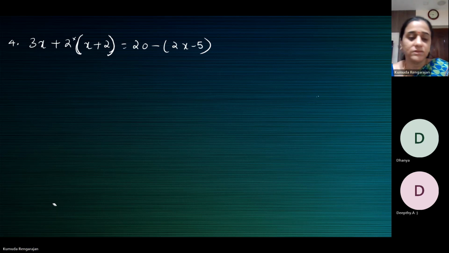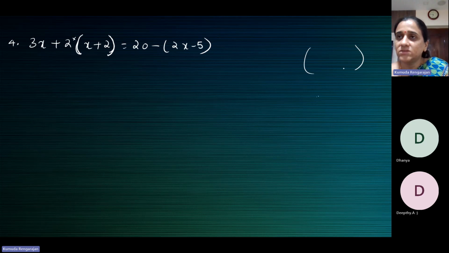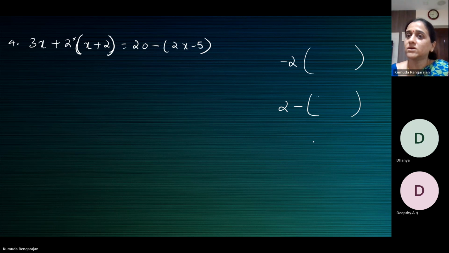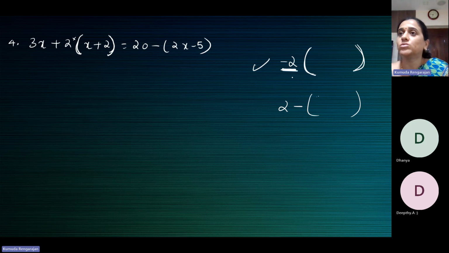See here. This is a case where you have something inside the bracket and a minus 2 here. We have 2 and a minus here. So in this case, you need to multiply all the terms in the bracket with the minus 2. That is, you should go till the sign. Outside the bracket, you just come outside the bracket and go till the sign. Where's the sign here?